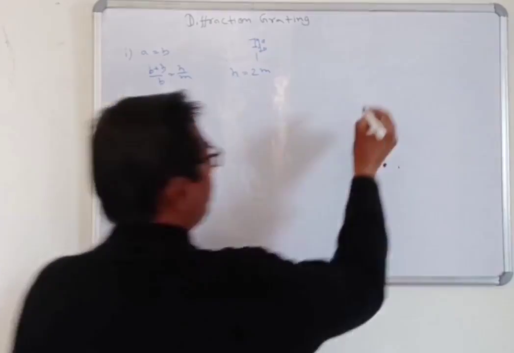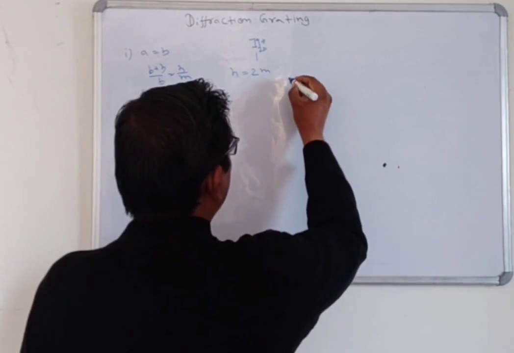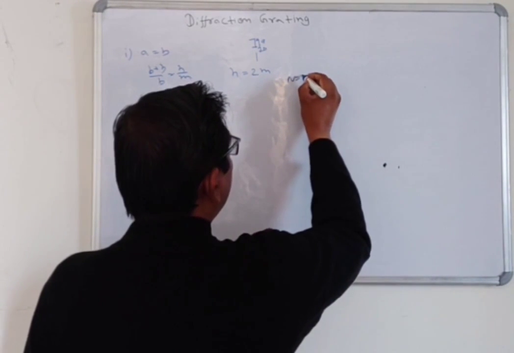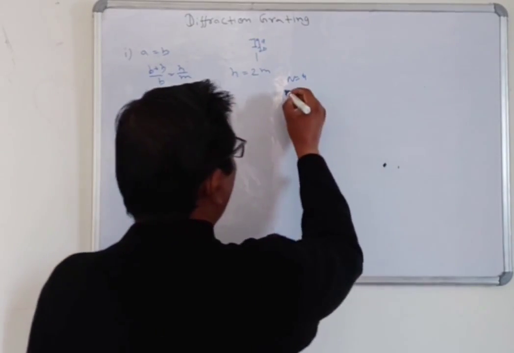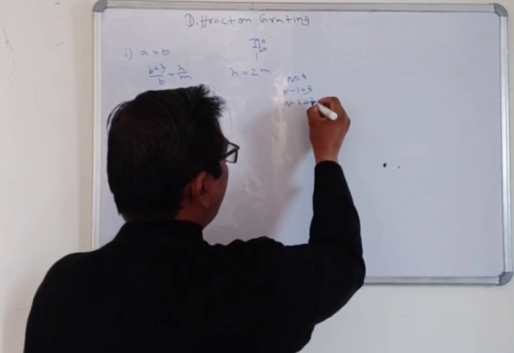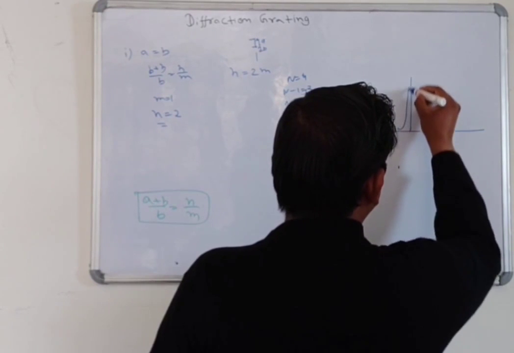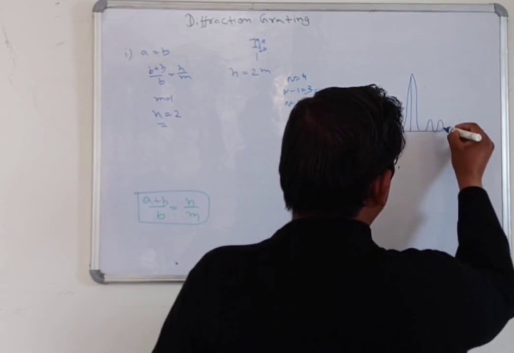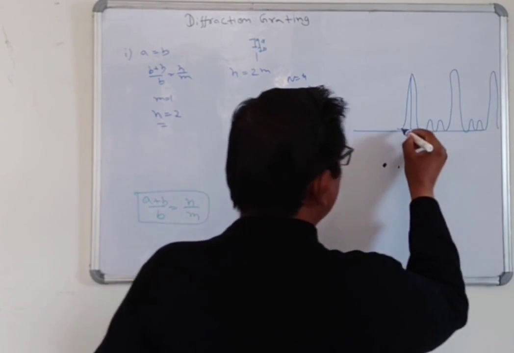Suppose that we have a number of slits N equal to 4. Then N minus 1 is 3 minima between principal maxima, and N minus 2 is 2 minima. So you will get the intensity like that.